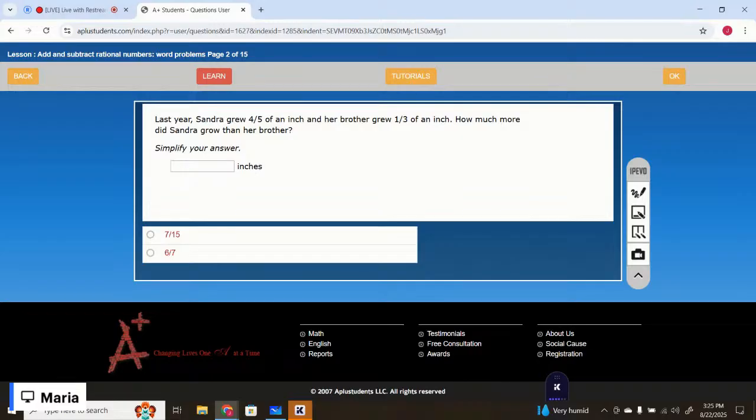Last year, Sandra grew 4 by 5 of an inch and her brother grew 1 by 3 of an inch.